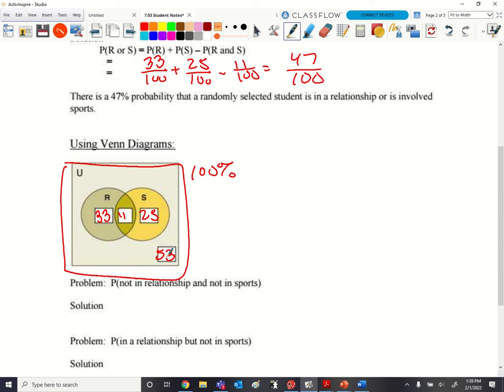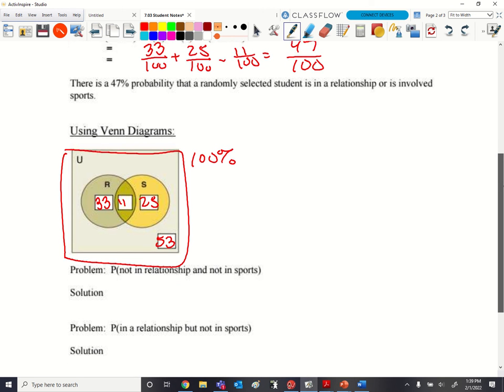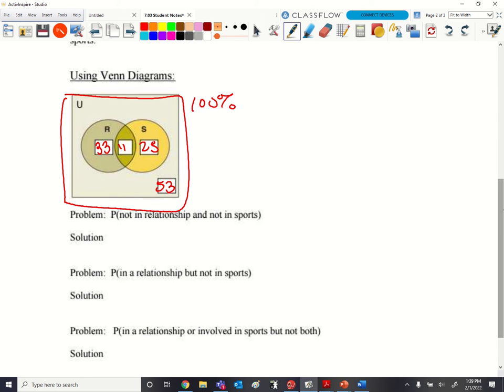All right, let's see if we can figure this out now. Not in a relationship and not in sports. Didn't we just do that one? Okay, so we figured out it was the complement. So not in a relationship and not in sports. But the way that we could do that would be the complement to the relationship. So my relationship is what percentage? 33.